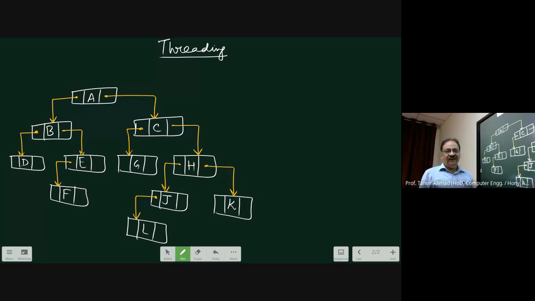Now this is the tree. We are using a linked list. Now you find how many links are there? All the yellow lines. Therefore, it is 1, 2, 3, 4, 5, 6, 7, 8, 9, 10. Therefore, you find that there are 10 links.